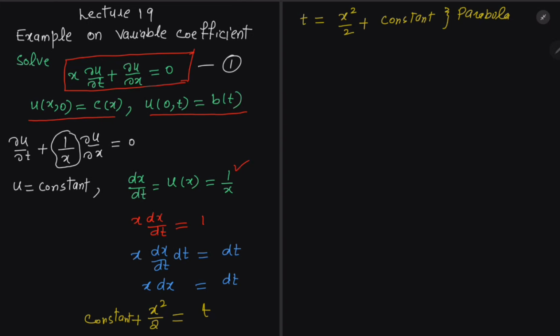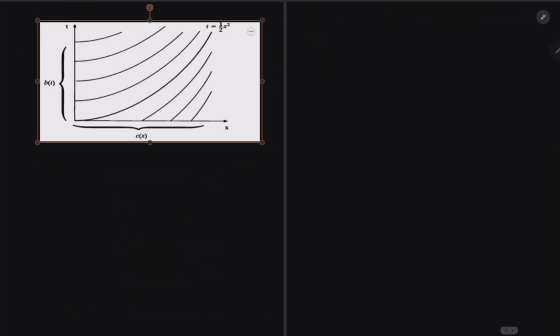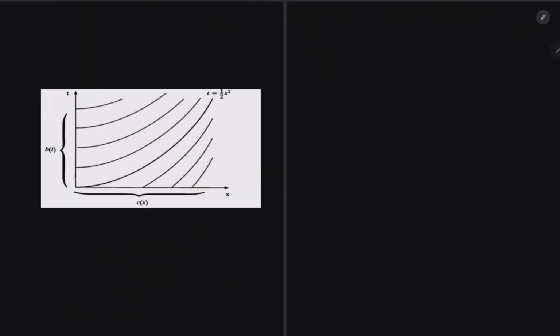Now there are two situations, where the characteristic has t less than or equal to x squared by 2. In that case, let me just show you the image. This is the image. You can see that this characteristic curve is t equal to 1 by 2 x squared.